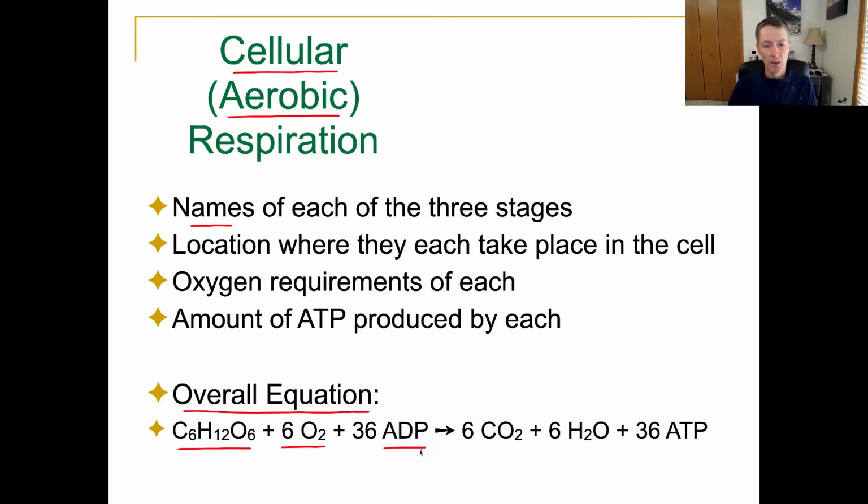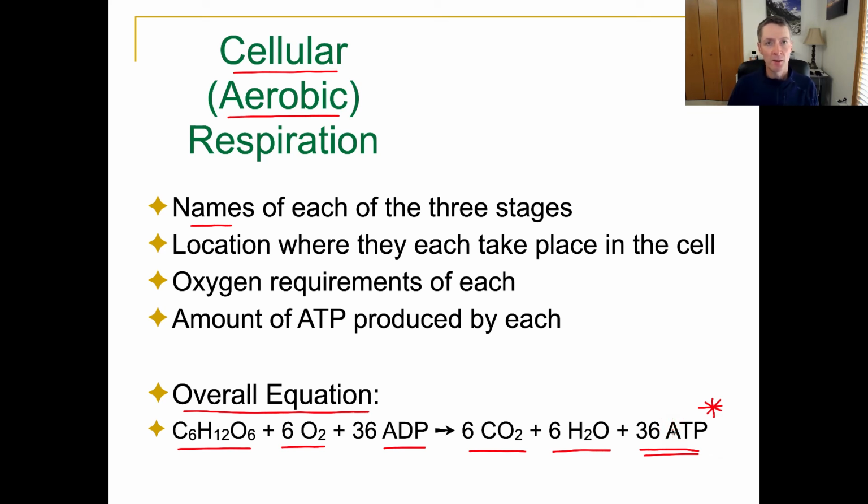These all have to be coming together to give us CO2, which is a waste product, water, and most importantly, ATP. This is what we really want, all the energy that we can harness in ATP.